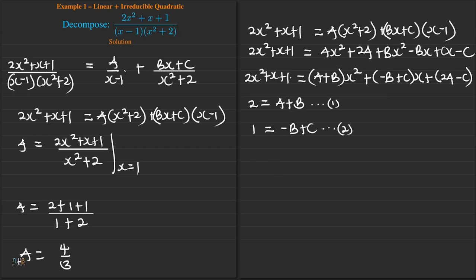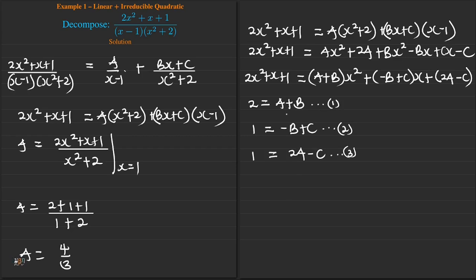Then that of the constants, we have just 1. So we have 1 is equal to the constant we have over here, which is 2A minus C. This becomes our equation 3. Now, if you are having the Casio calculator, you can always just punch this out to get all your values.